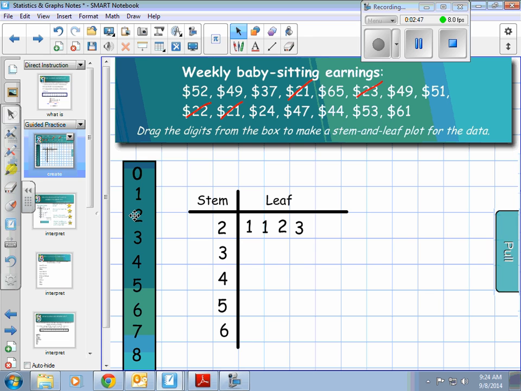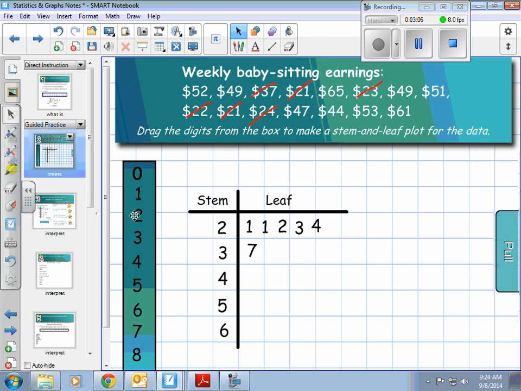Then I have 24. And it looks like that is all that we have for our 20s. Then I'm going to move on and look at my 30s. My only 30 is 37, so I put a 7 in the leaf.